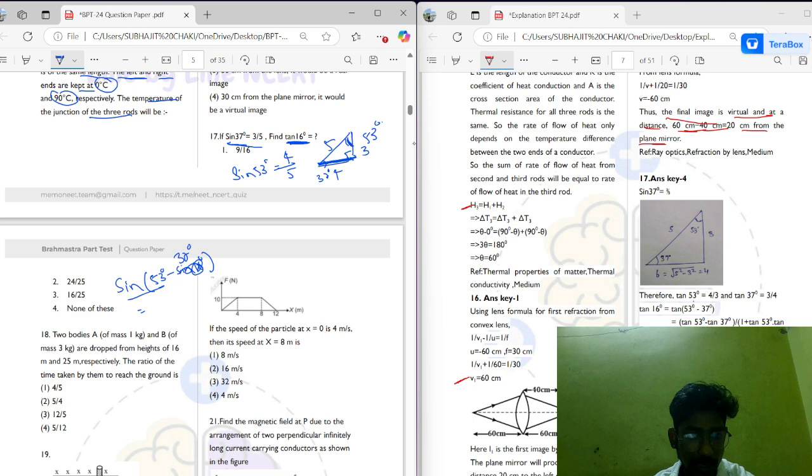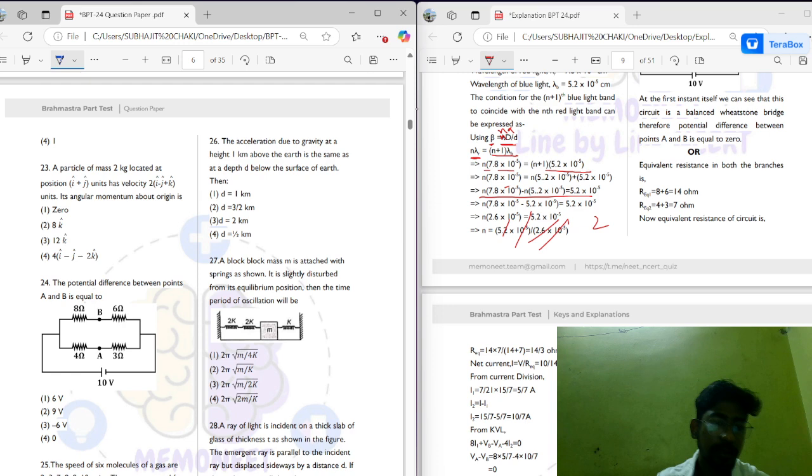A particle with 2 kg mass is located at a position with velocity v. The angular momentum L equals m v r, cross multiplication, you have to take v cross r. Cross means i j k.